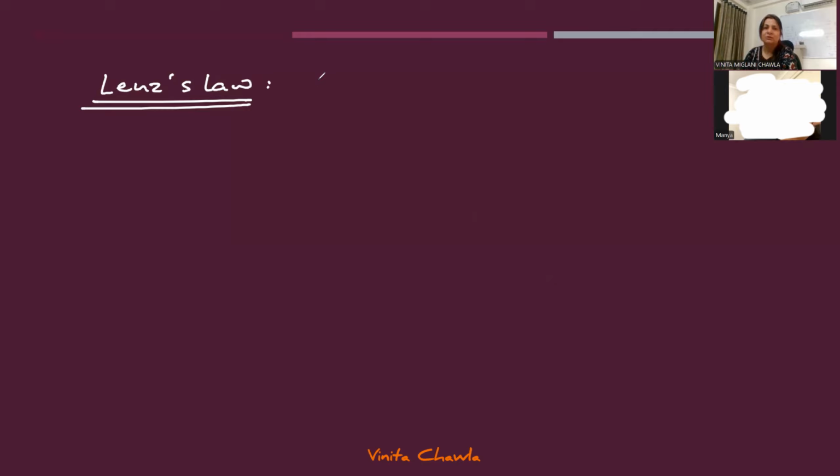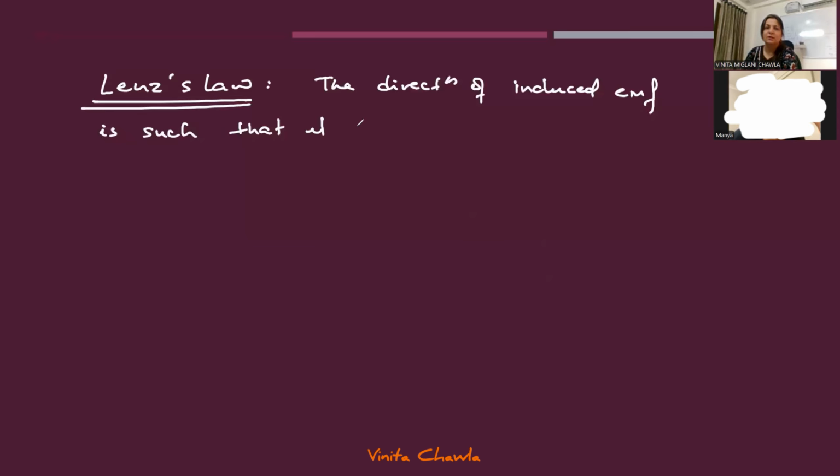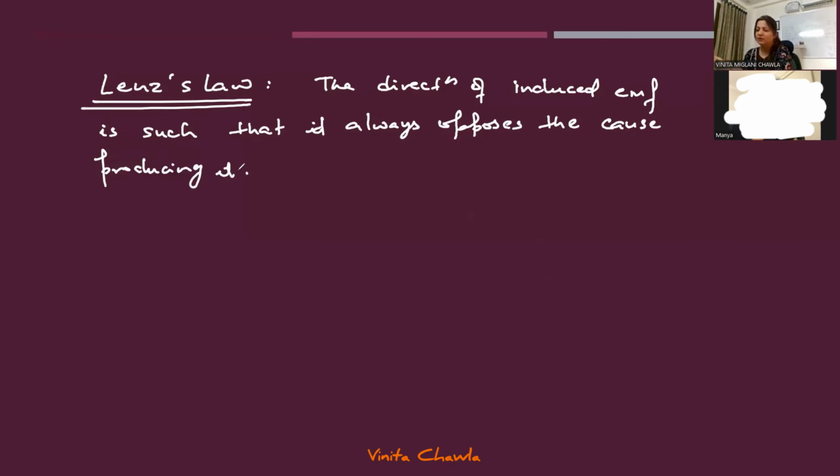According to this law, the direction of induced EMF is such that it always opposes the cause producing it. The direction of induced EMF is such that it always opposes the cause responsible for its production.